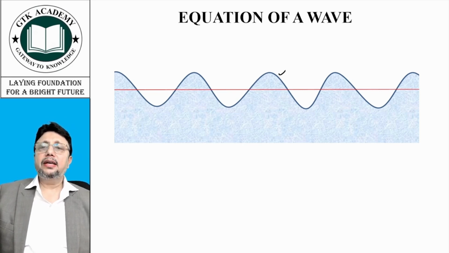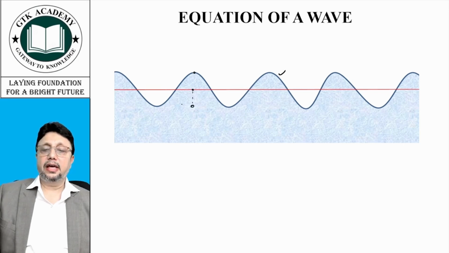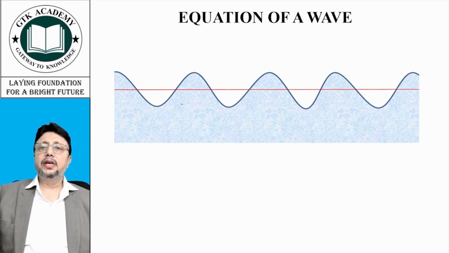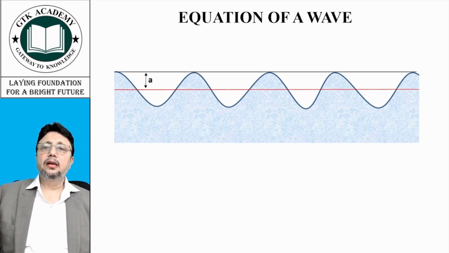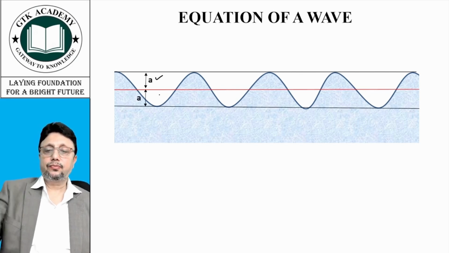So now particles only oscillate. For example, this particle goes to a maximum position and again goes to a maximum position in this direction. That means every particle either will go A in the positive direction, if A is the amplitude of the wave, or A in the negative direction.